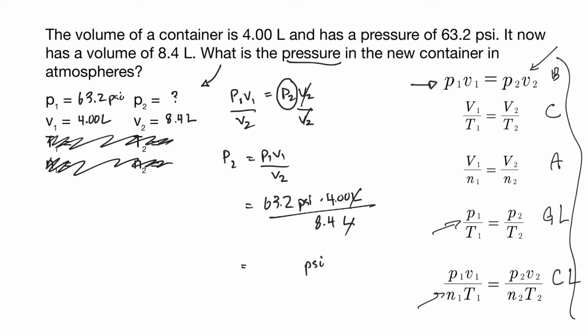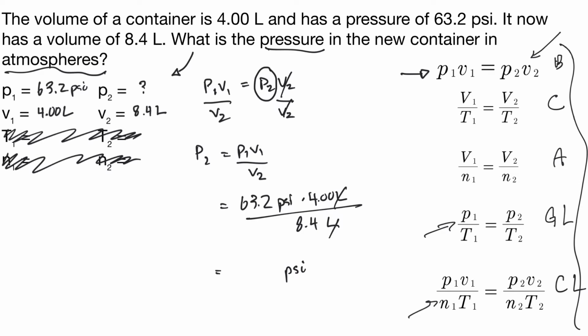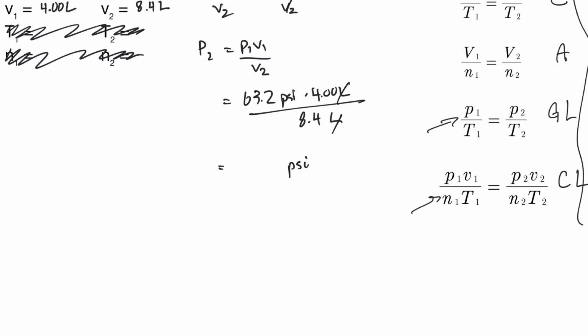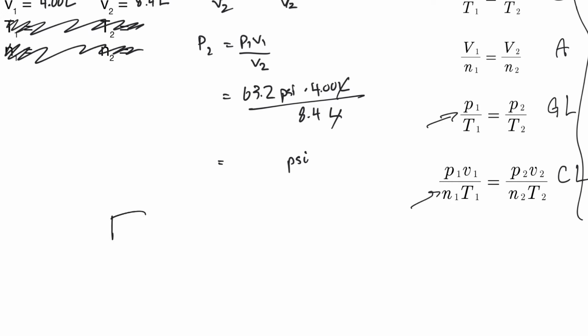I think the question asks for the answer in atmospheres. So then I'd have to do the next part of the question, which would be to take my answer in psi and multiply it by a ratio to get rid of the psi.